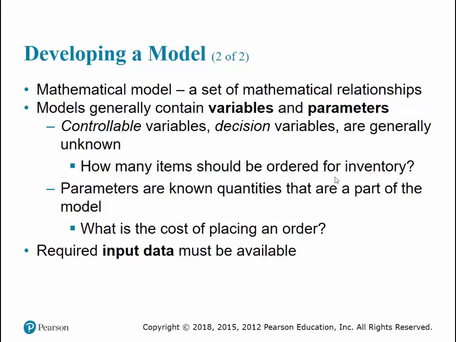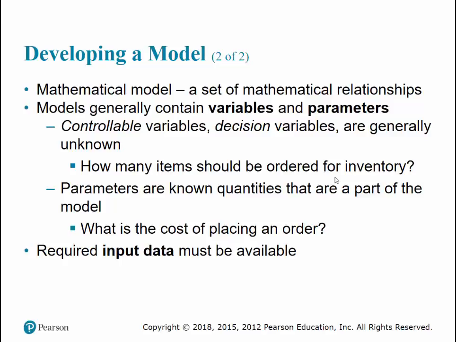Now, developing a model would be to come up with the variables and the parameters. Parameters would be given, or something that is beyond your control. That is given, like purchase cost. What is the cost of the item? That's something that is given, the known quantities that are coming into the model.